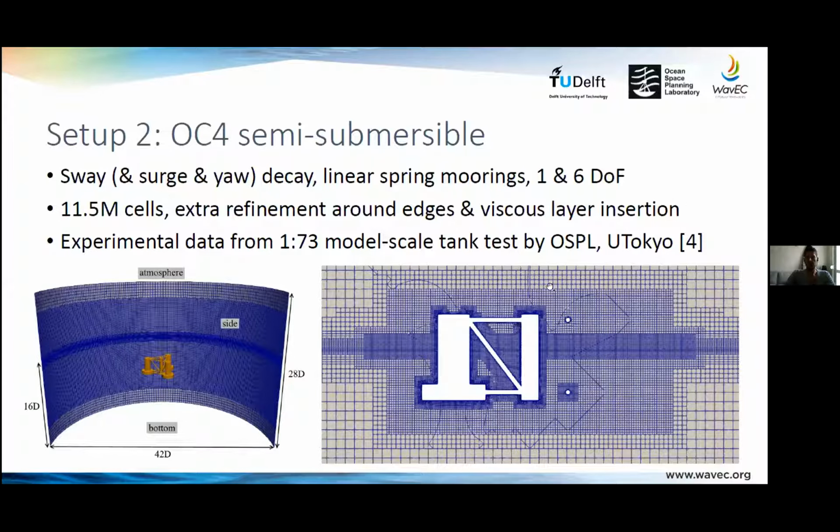Now on this model, we were executing the decay tests in 3 directions. I will only talk here about the sway decay, and we will compare that with the data from a model scale experiment that was done by our partners in Tokyo.